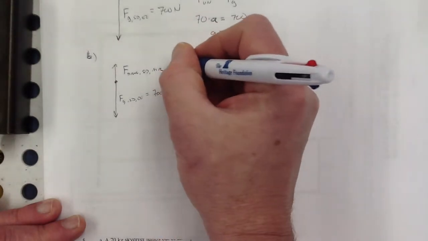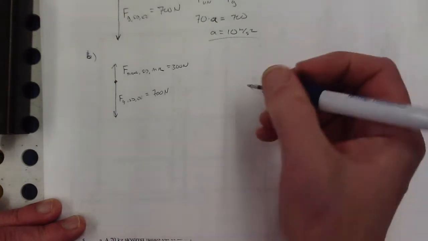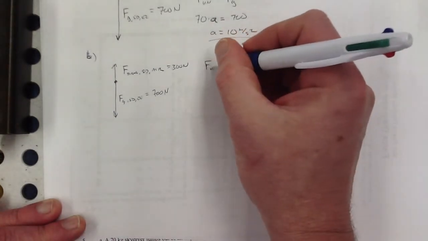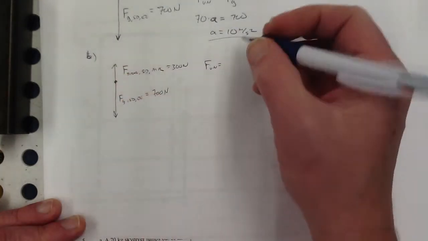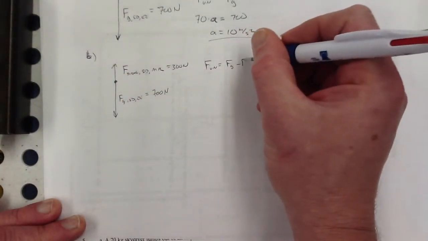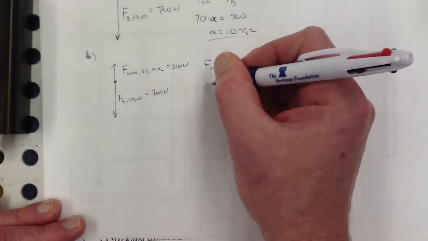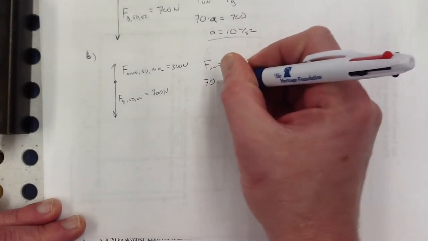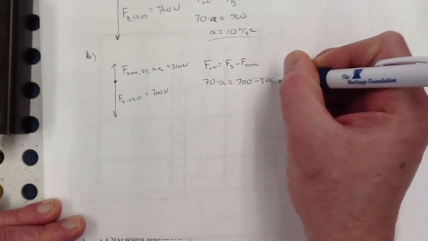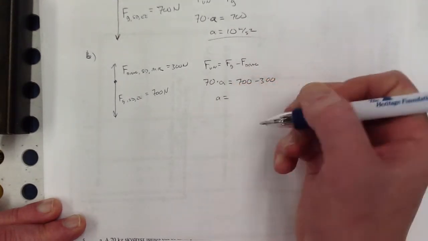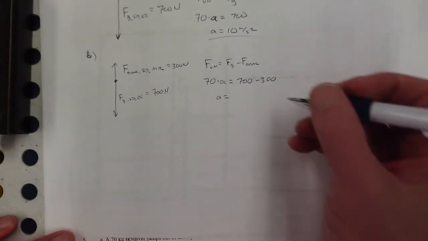This one's 700 and they told us that this is 300. So what would the unbalanced force equation be here? I've got winner minus loser, so that's force of gravity minus force of drag. So mass times acceleration equals 700 minus 300. So the acceleration is about 5.7.